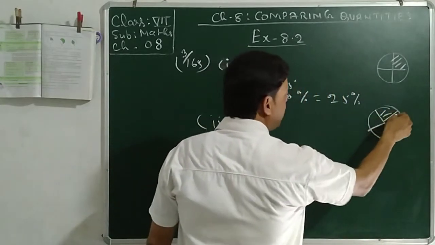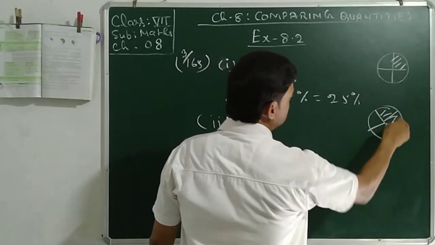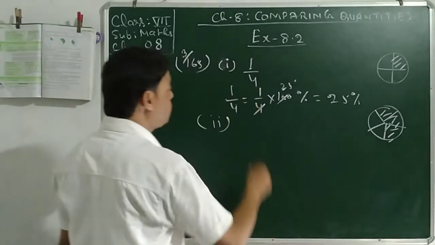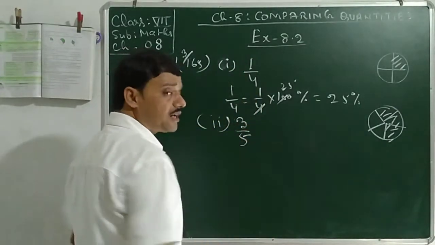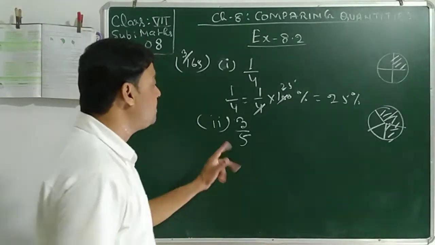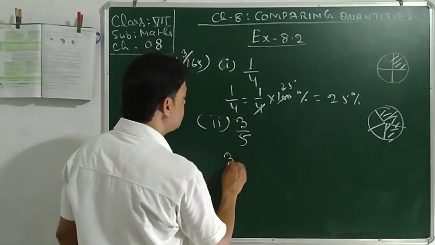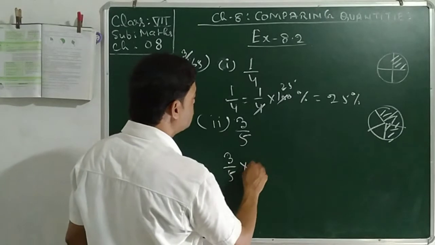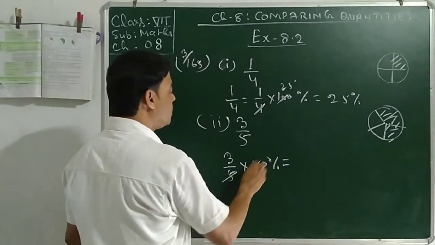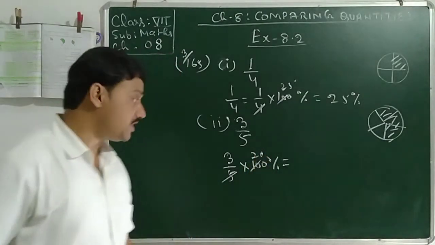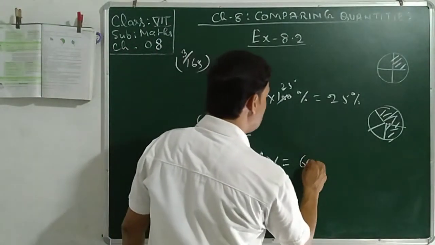And 3 parts are shaded there. 2 parts are not shaded, so we will write the fraction 3 by 5. That will be equals to 3 by 5 into 100%. That equals 5 20s are 100. So 20 into 3, you will get 60%.